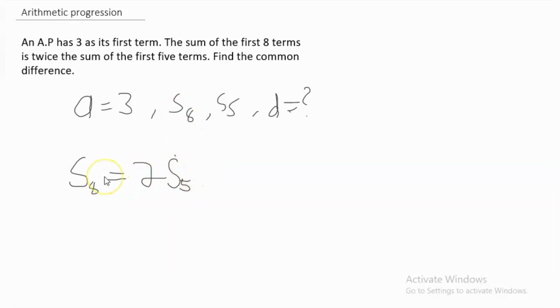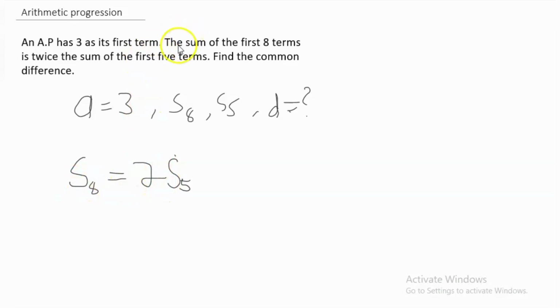Now remember when we were talking about the terminologies and the notation of arithmetic progression, we said that if we have something like S8, it represents the sum of the first 8 terms. If we have something like S5, it represents the sum of the first 5 terms. So you wouldn't be confused as to why we're putting it in this format.